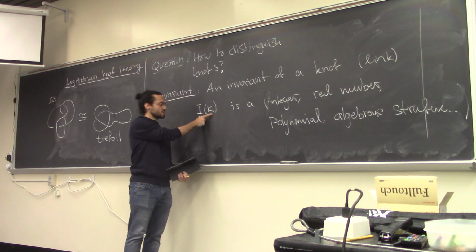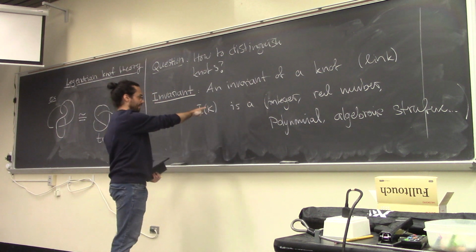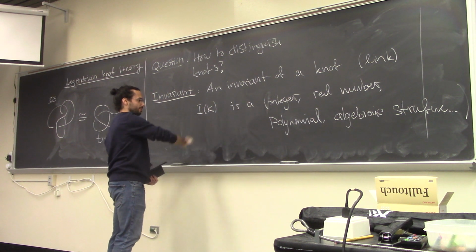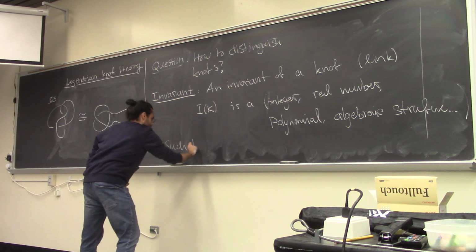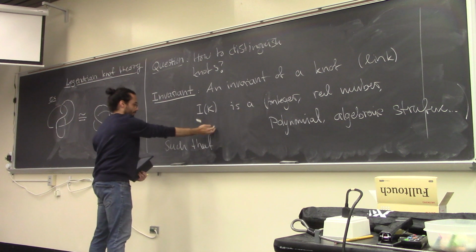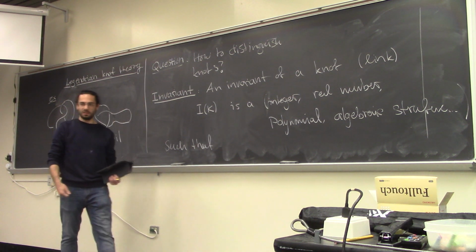If you don't know how to think about this, think about a number. It's a quantity we associate to a knot such that this quantity is the same for two knots that are the same.